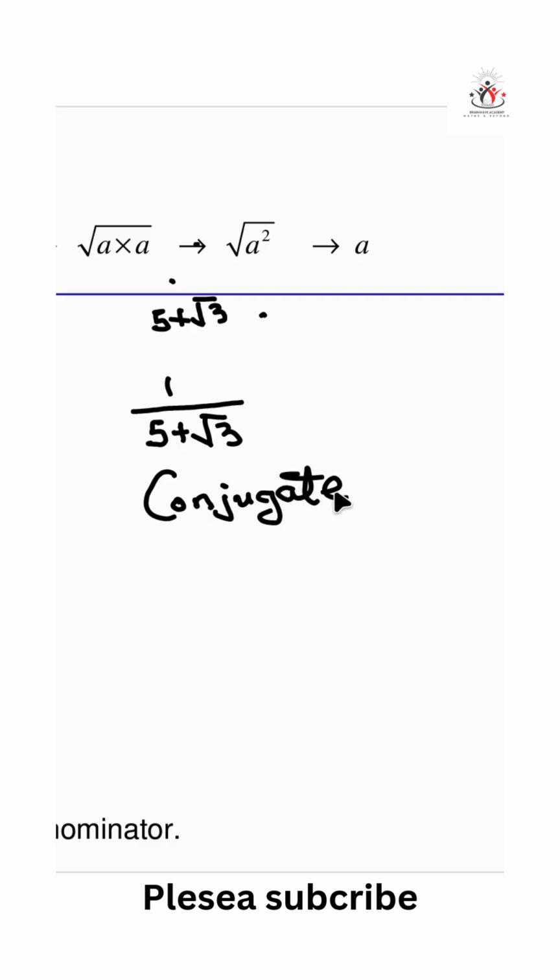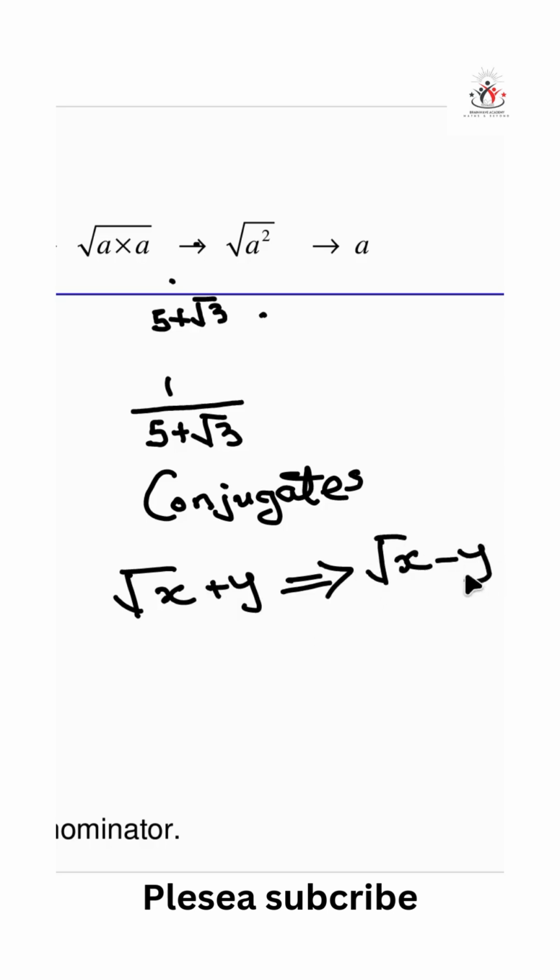So the conjugate is simply to negate the middle term of that particular binomial. So for instance, if I have x plus y, the conjugate is going to be x minus y.